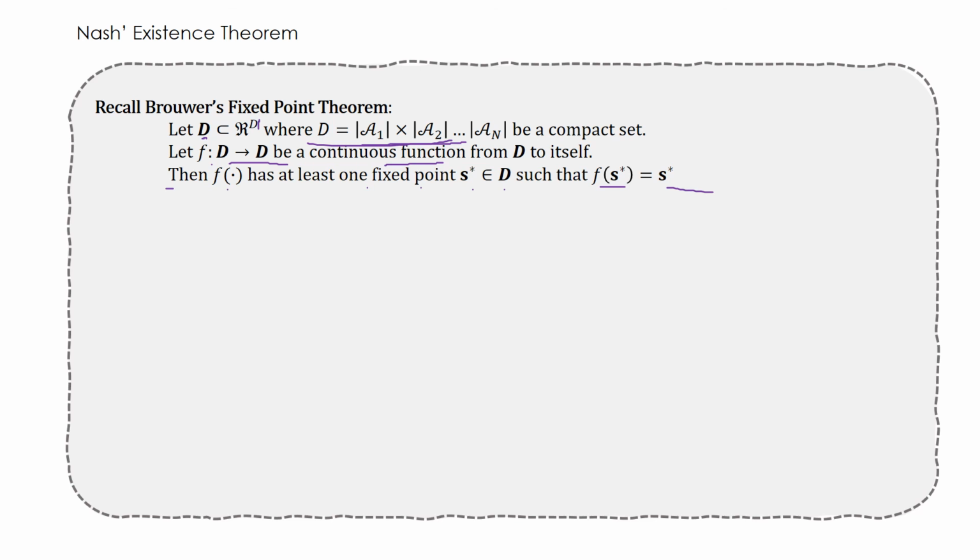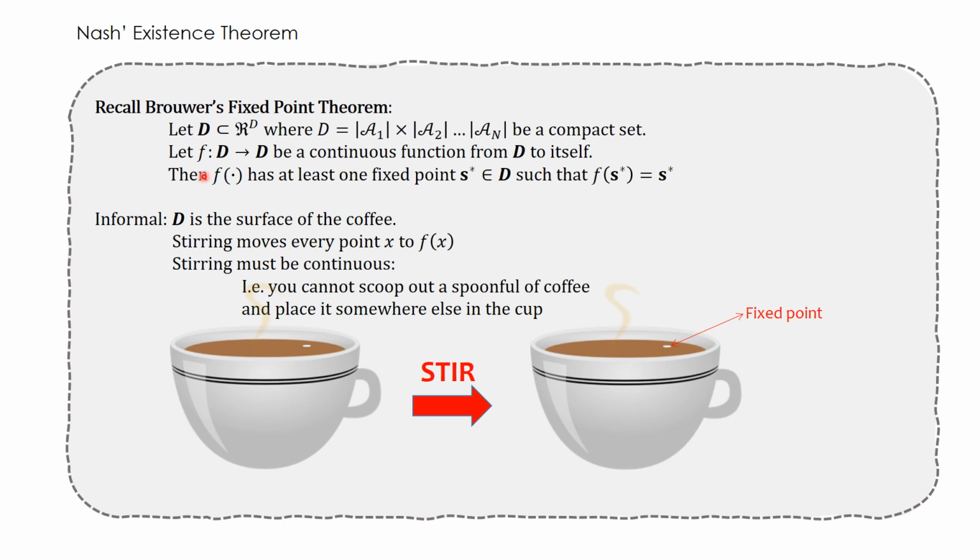So that's Brouwer's fixed point theorem. And this mapping f from D onto itself informally is like stirring a cup of coffee without introducing any discontinuities in it. And what the fixed point theorem says is there will be some fixed point in this surface of the coffee which will not change position as a result of the stirring.